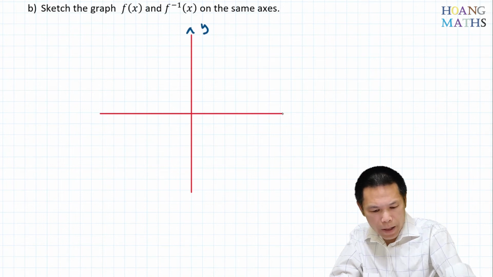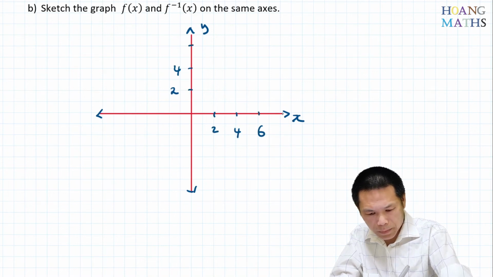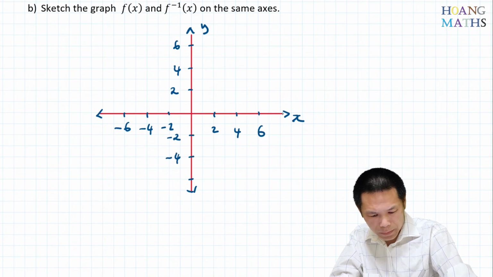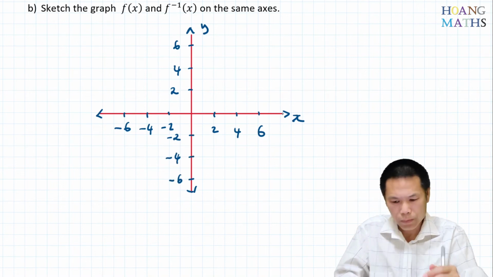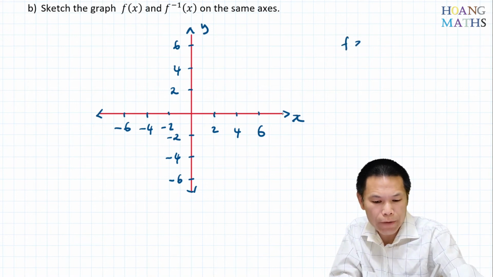So this is y, this is x. So now let's sketch the function first. So we know the function is f of x is equal to (x minus 1) to the power 3.